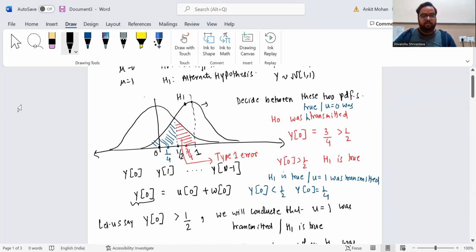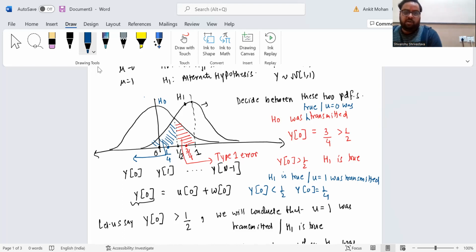In actuality H0 was true, and this part tells me the probability of deciding otherwise, whereas this area tells me that in actuality H1 was true, but the event that H0 has been decided.